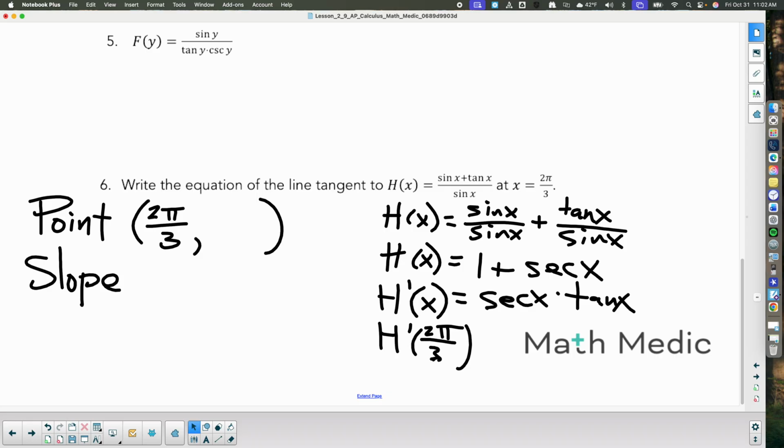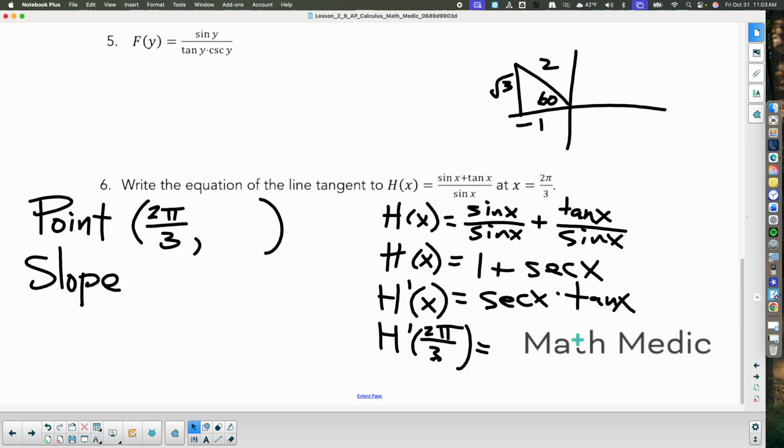So we have a 60-degree angle in quadrant 2, which makes this 1, 2, square root of 3. Left is negative, up is positive. Cosine is negative 1/2.